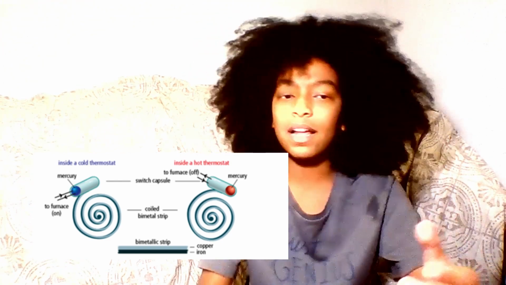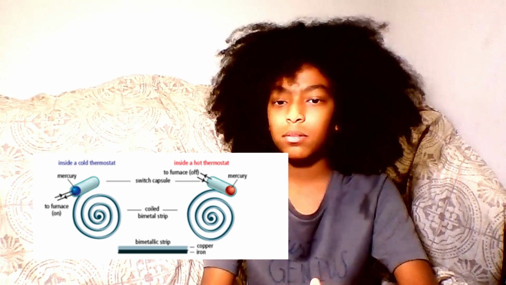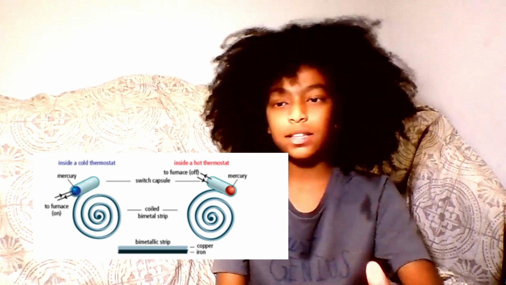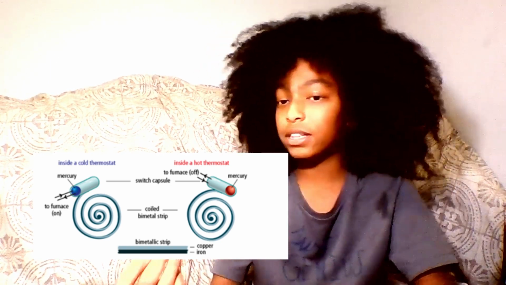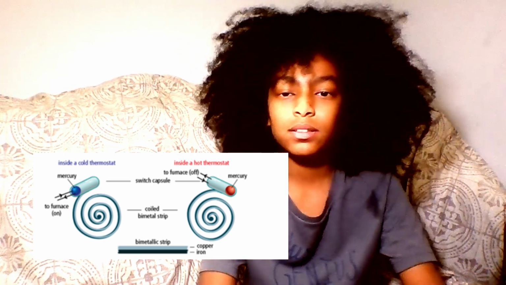That's how a bimetallic strip works. These metals can be such as copper and iron, and some people put it in different temperatures, and they mark a certain place to give accurate measurements.